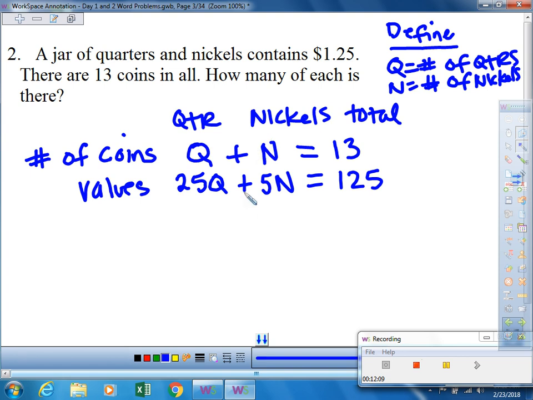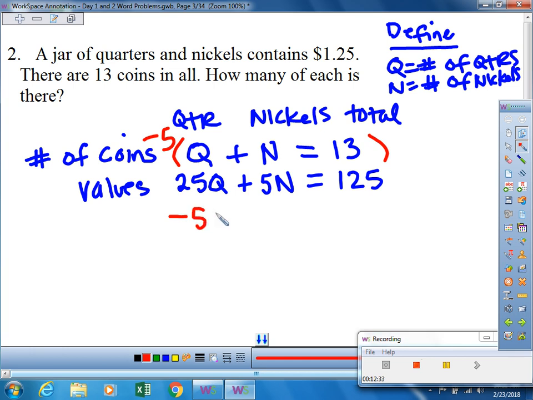All right, if you had that, that's great. I want you to solve. It's set up for elimination. You're going to multiply this one by what? -5. Remember, you got to have that opposite. So go ahead and multiply it and solve.